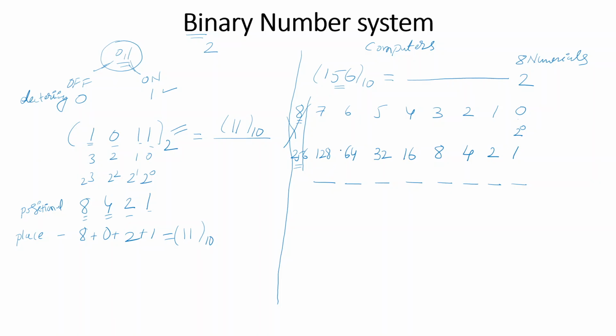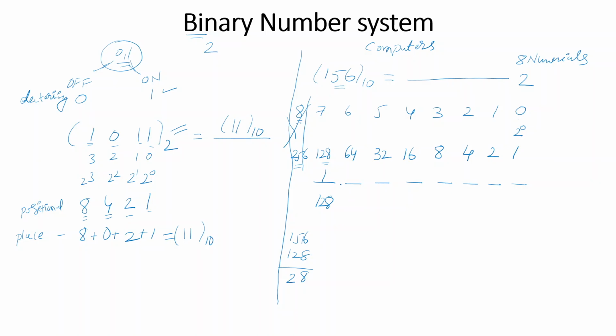Now simply, 128 is less than 156, so I will write a 1. If I write 1 here, the place value is 128. Now I need 156, so simply subtract 128 from 156. So 156 minus 128 is 28.